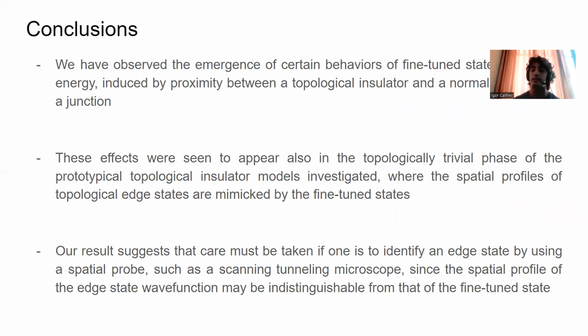And this suggests that if one has access only to the energy and spatial profile of an eigenstate of their system, for example, when you use a spatial probe such as an STM, one must be careful to identify the edge state, because we have demonstrated the appearance of these fine-tuned states which mimic characteristics from the true edge states.